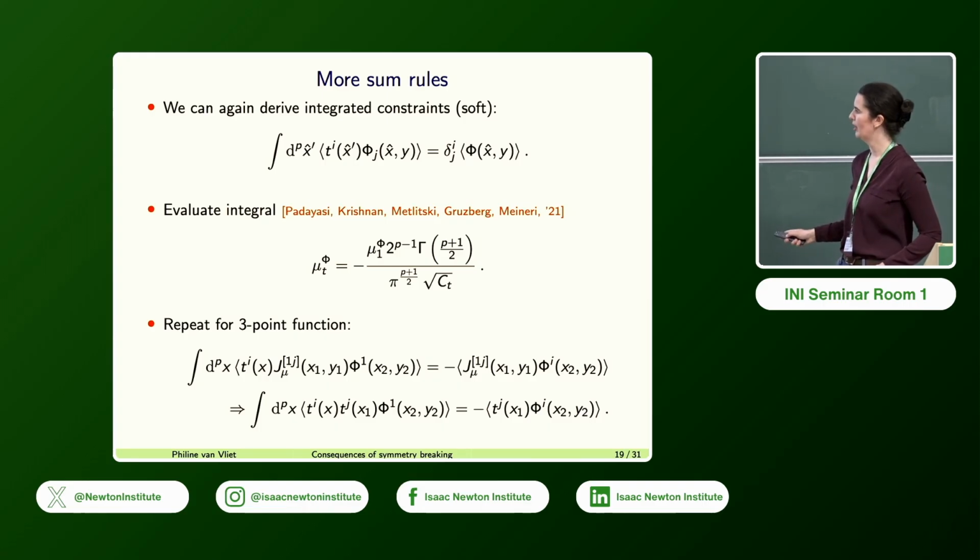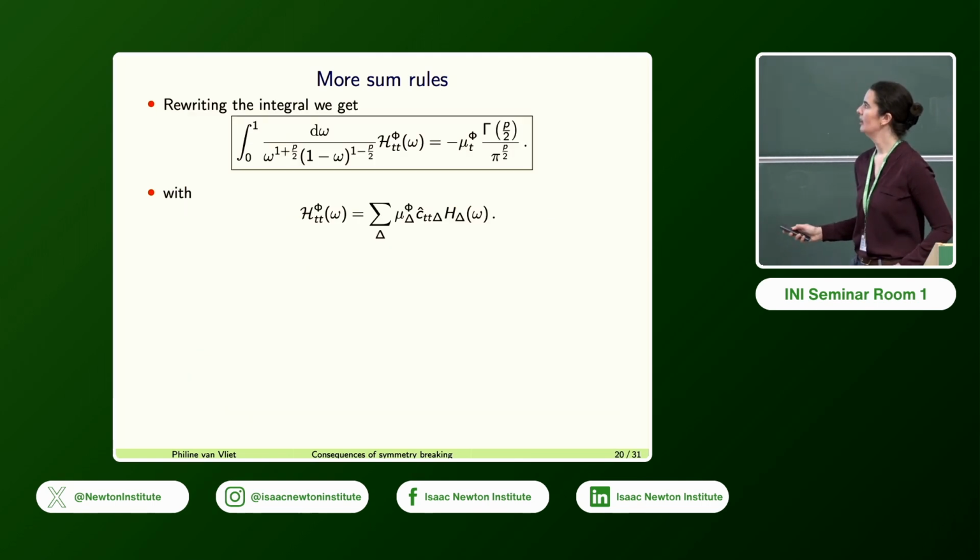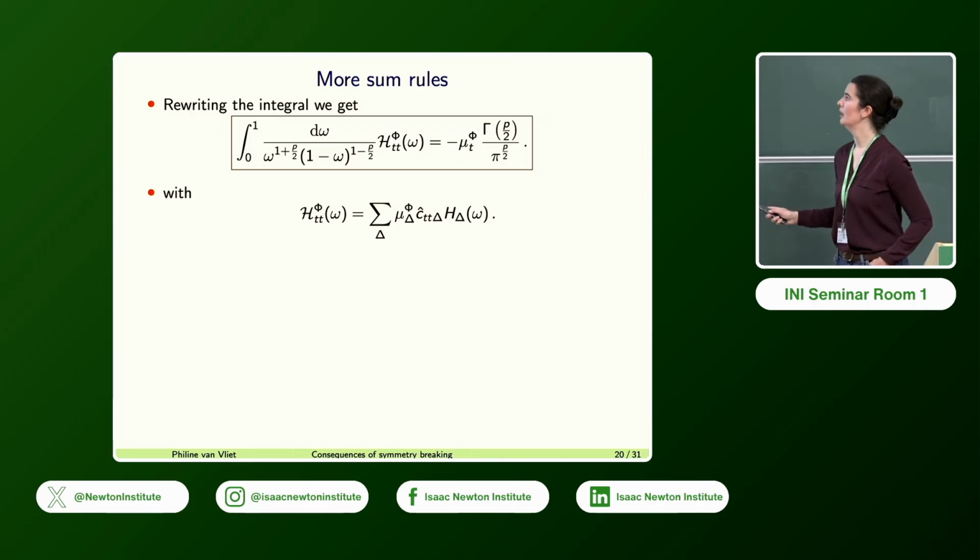So we leave phi 1 in the bulk, and we just push J to the boundary, and we get a constraint on the 3-point function between bulk, tilt, and tilt that we find here. Again, we can rewrite it in terms of this cross ratio, and we get a formula that looks a bit nicer. And we can do the same expansion in terms of conformal blocks, where we now have these bulk to defect OP coefficients and the defect OPs.